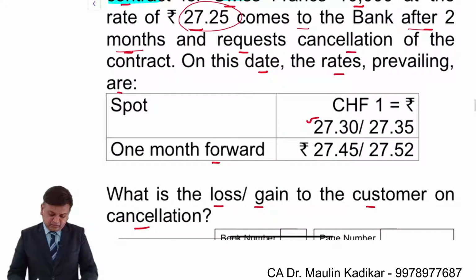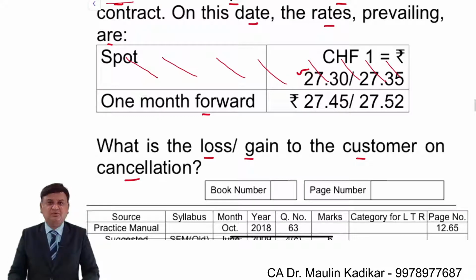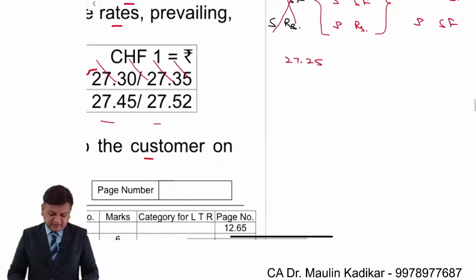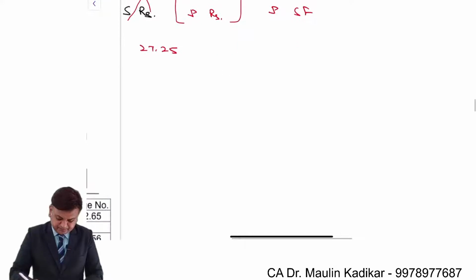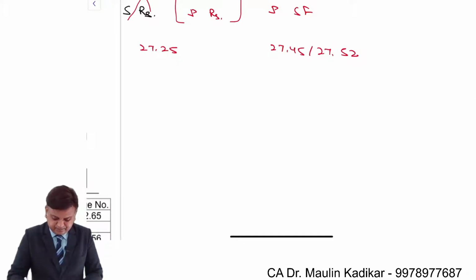The question is providing the information like this. The spot exchange rate, that is the exchange rate on 1st of March, is given to us, which is of no use to us. The 1 month forward exchange rate is 27.45 slash 27.52.